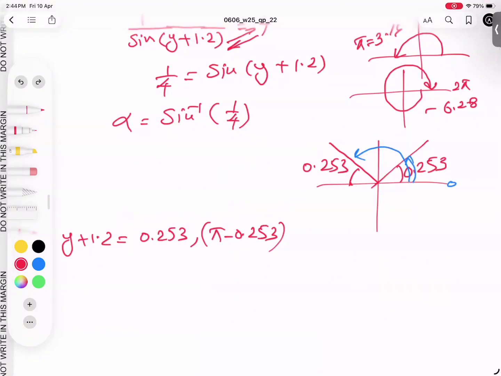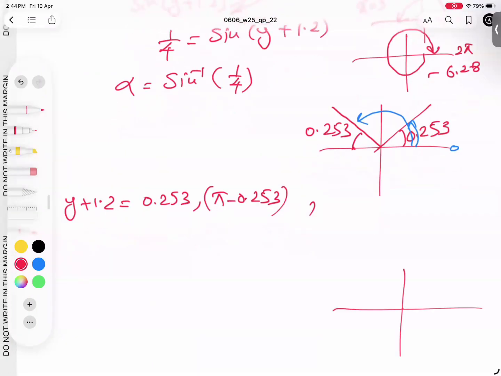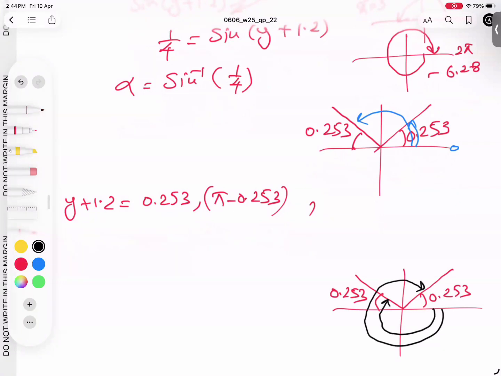And now students, look, I'm drawing the diagram once again for you so you can understand. This is 0.253. These lines will not shift at all. I'm showing it, starting from here. First answer is this and second answer is this. I'm writing in black color.